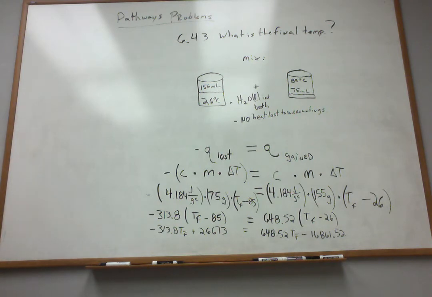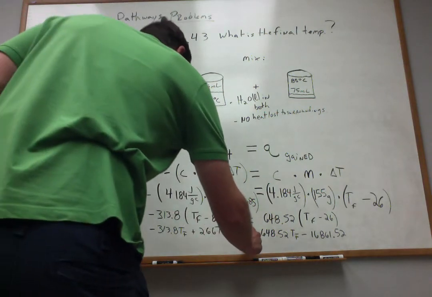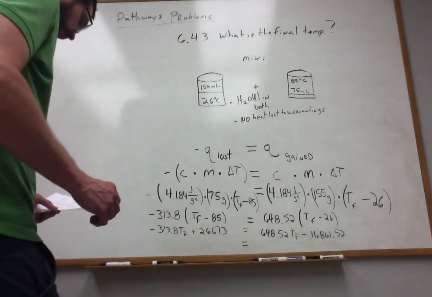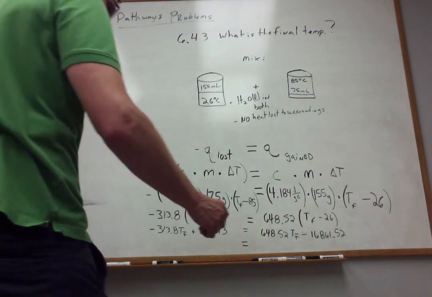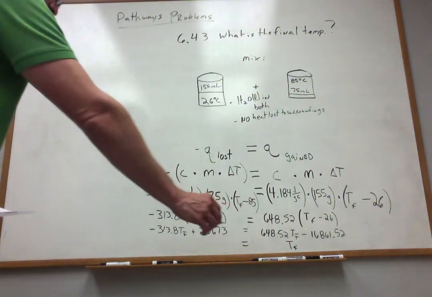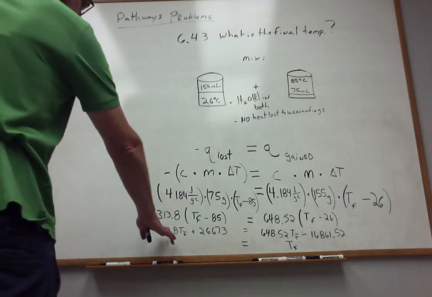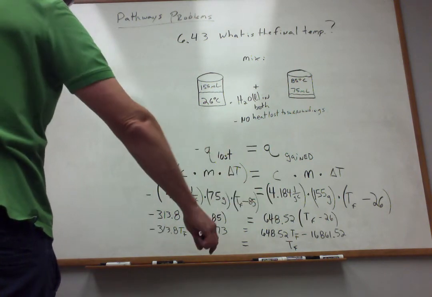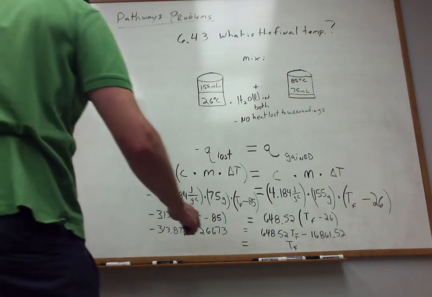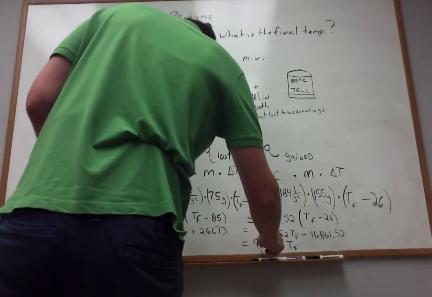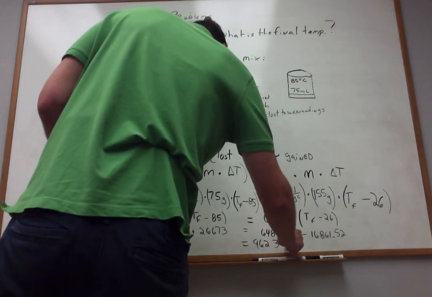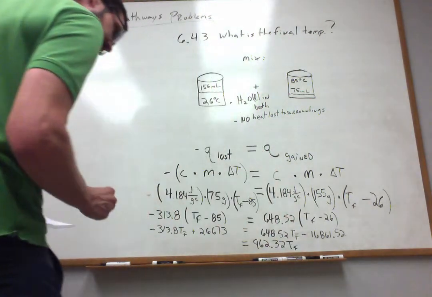Now what we can do is combine like terms, okay? And what I like to do to make the signs both work out positive on both sides is keep my TF term over on the right. To do that, I'm going to move this one over there, flip the sign into a positive number, and that results in 962.32 times TF still, right?